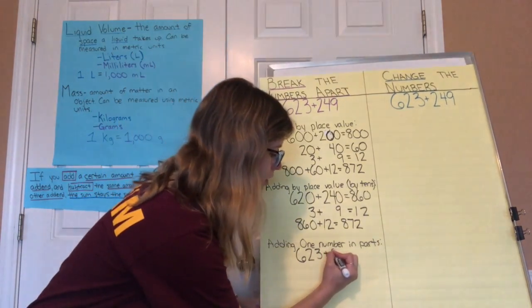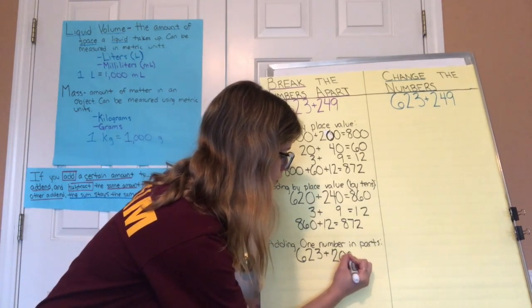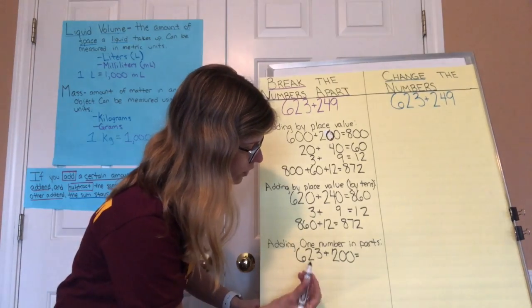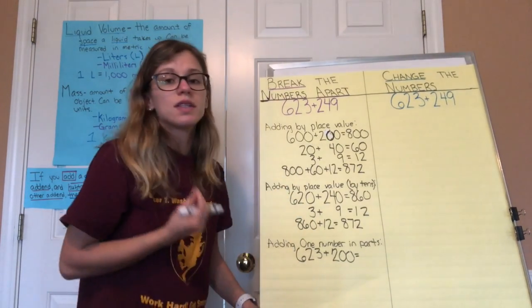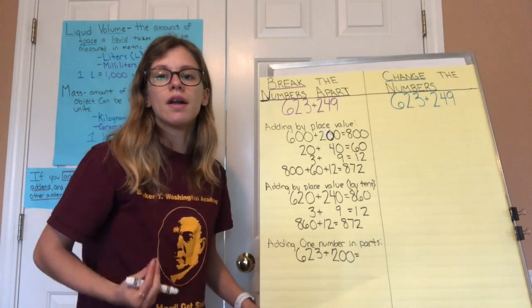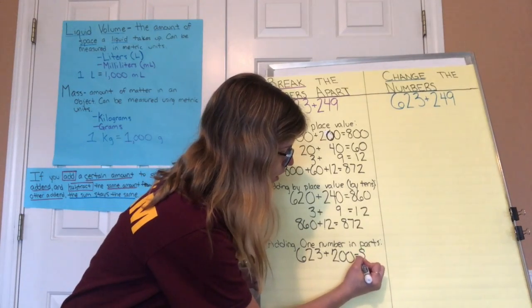So then I would add 200 to get 623 plus 200. And this is probably realistically how you're adding on the number line, but just broken apart and not on the number line. So then I would get 823.